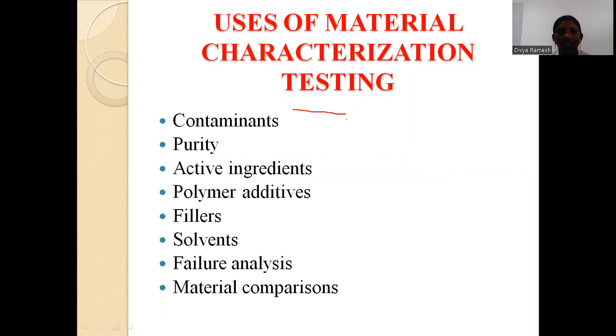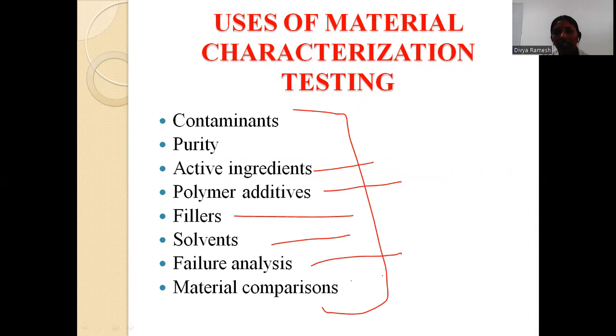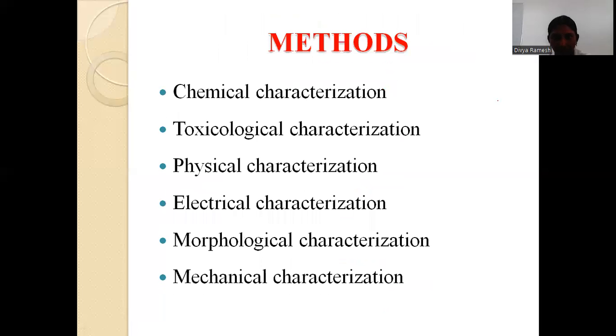The contaminants, purities, active ingredients, polymers, fillers, solvents, failure analysis, material comparisons. These are the parameters you are going to read with the help of this material characterization testing.